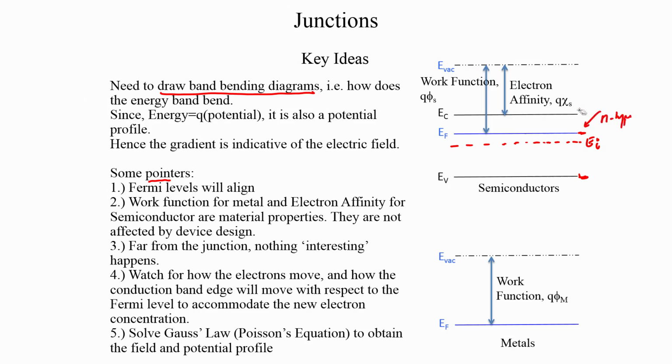Nevertheless, for any semiconductor you have your valence band, your Fermi level, and your conduction band. Now we define a reference energy level called E vacuum, the vacuum energy level.